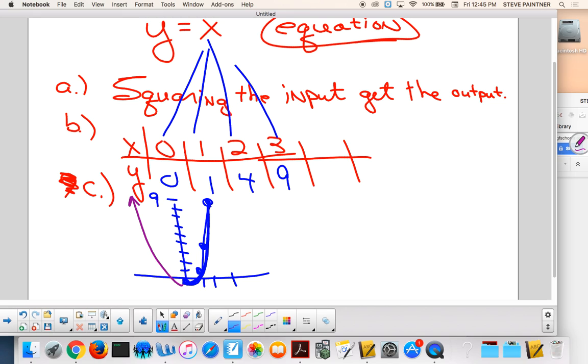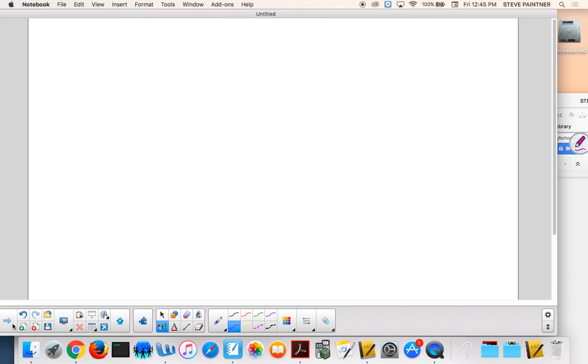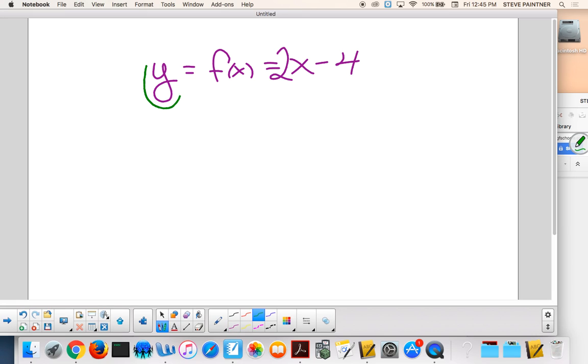Part 3, question 3 says, in the function described as y equals f of x equals 2x minus 4, they're trying to tell you this. The letter y back in 9th grade, or whatever grade, is replaced now with what?